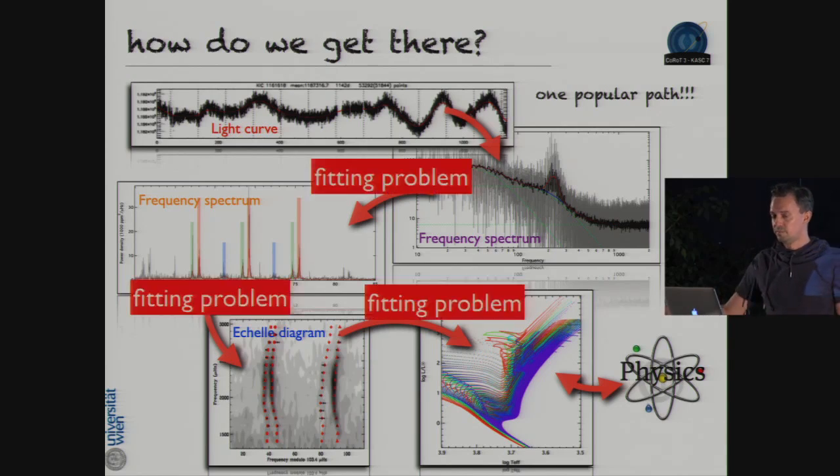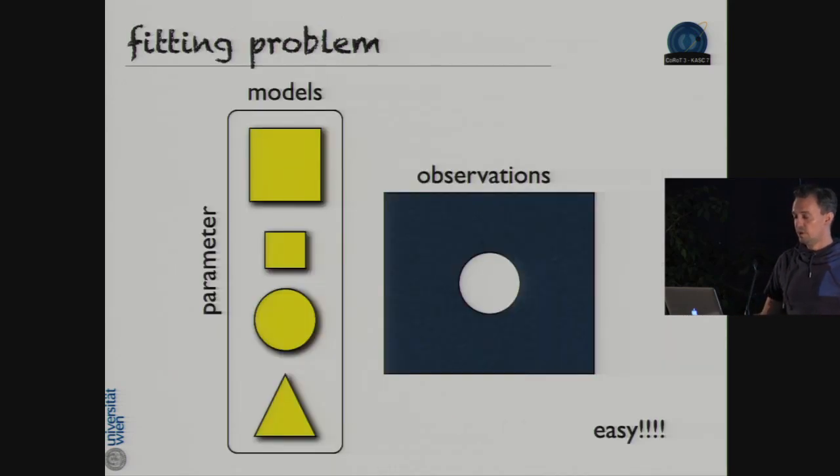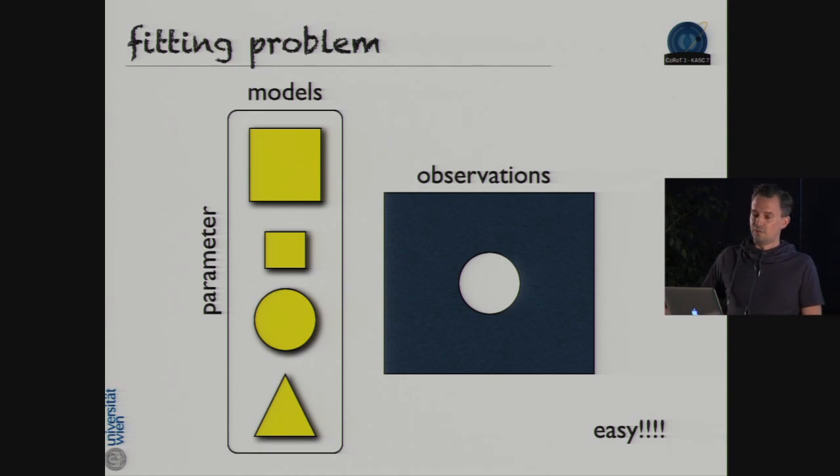But along this path we will find a number of fitting problems. We have to disentangle the spectrum, we have to fit our modes, and we have to compare the observations to the models. So what's the fitting problem? If you have some observations, you have to ask yourself two questions.